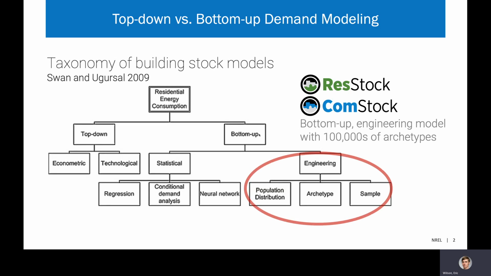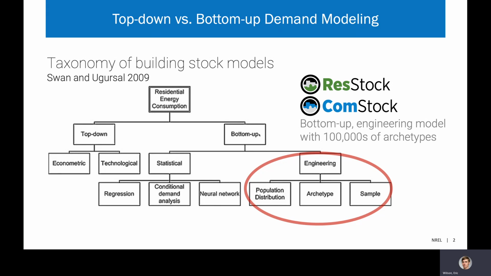Swan and Ugursal in 2009 published a taxonomy of models that could be used for forecasting residential energy consumption. This provides a nice framework for understanding where bottom-up engineering demand models fit within the context of all types of building stock or building demand modeling.